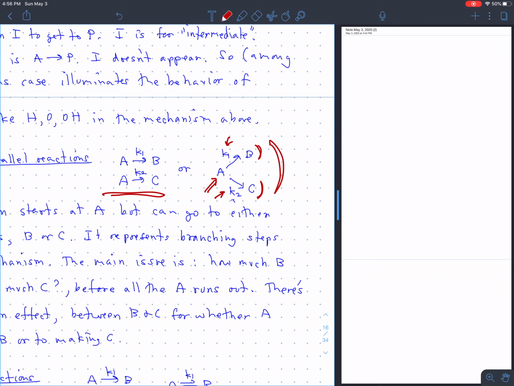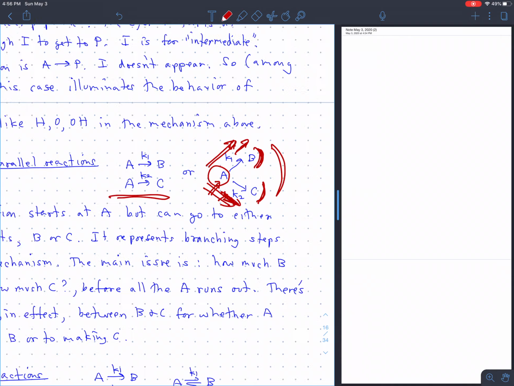And so how fast the reaction goes this way versus how fast it goes this way determines how much B you get or how much C you get before all the A runs out. So if k1 here is very fast and k2 is slow, then you get a lot of B, and vice versa if k2 is fast and k1 is slow.